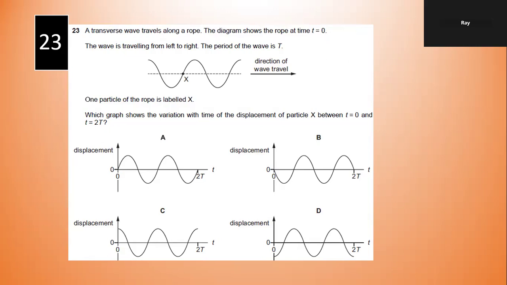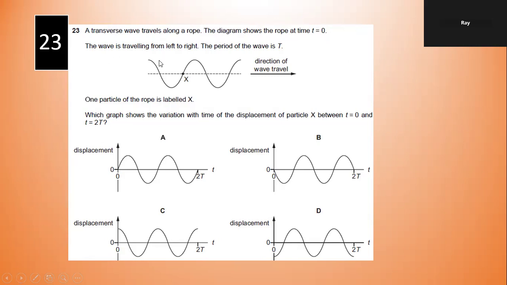Let's see what's happening. A transverse wave travels along a rope. The diagram shows the rope at time t equals 0.